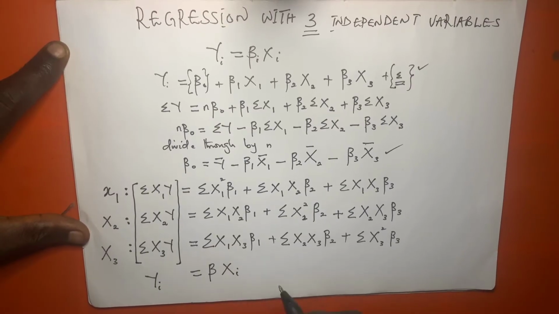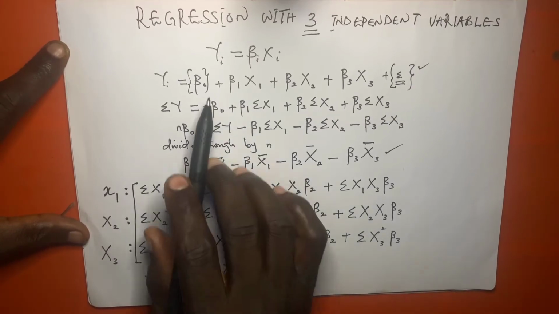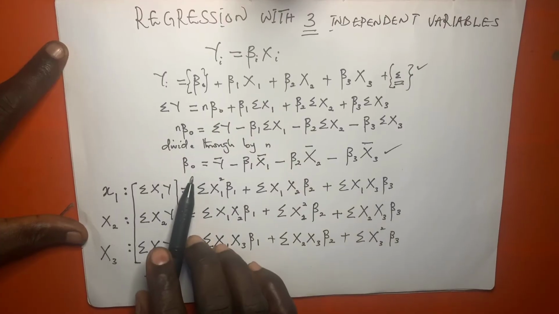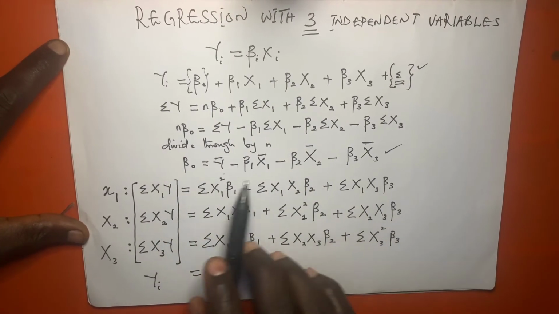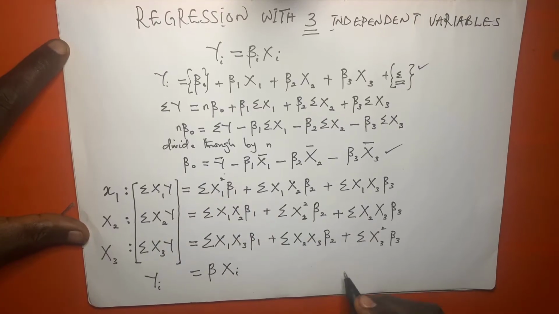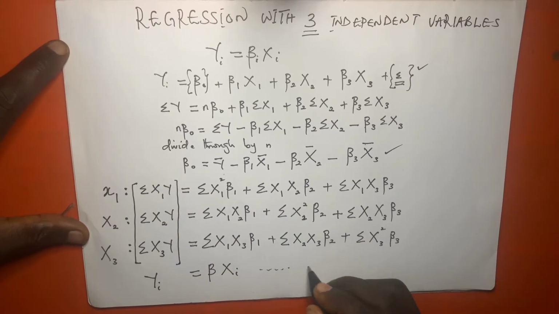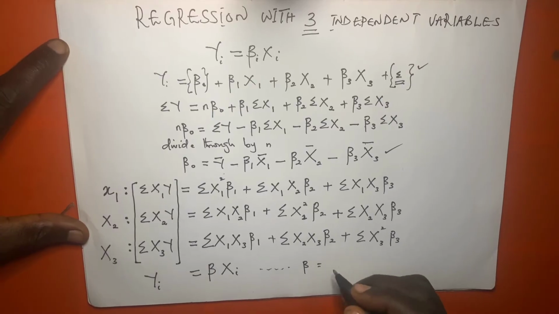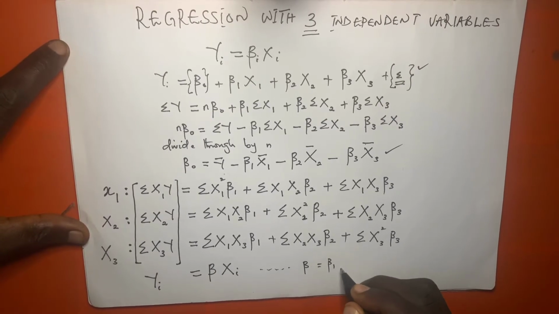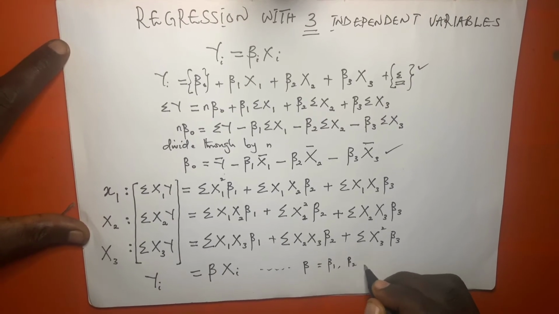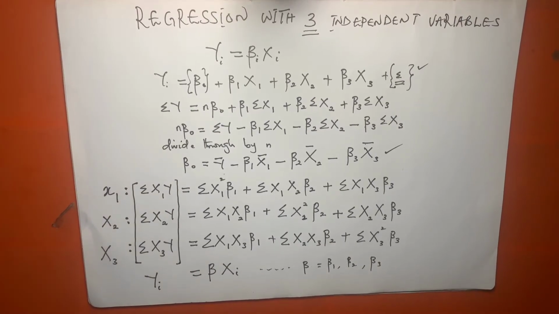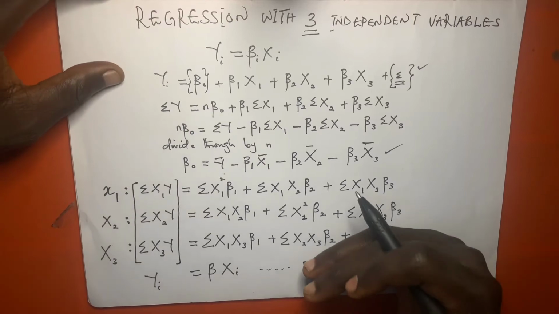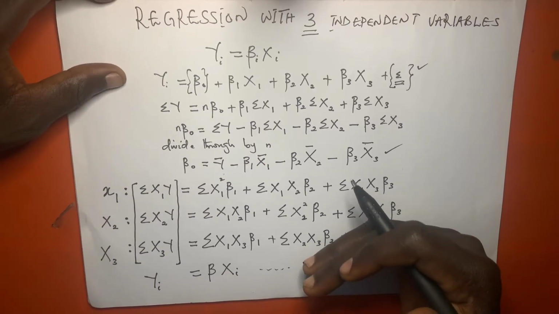But the beta naught is not part of it, because we've already gotten the value for beta naught. This is the formula we're going to use to calculate our beta naught. So in this case, we are dealing with beta equals beta 1, beta 2, beta 3. Therefore I will need to present this in matrix form.